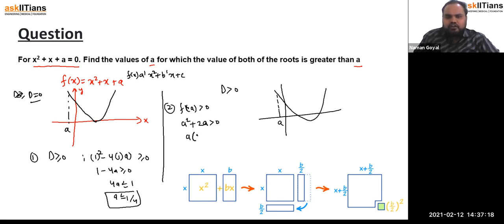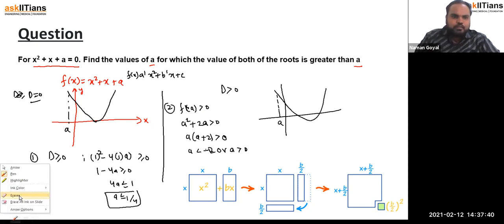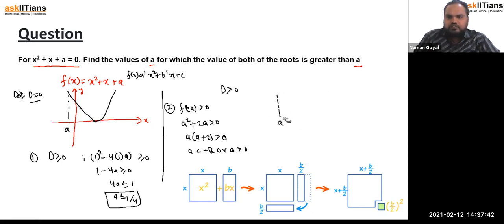So a you can take common, a plus 2 is greater than 0. So with the help of this inequality, if you are going to solve it, what you will get? a should be less than minus 2, or a is greater than 0. Okay, I can erase this.